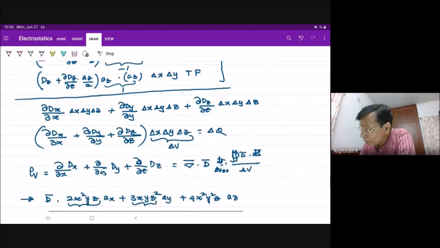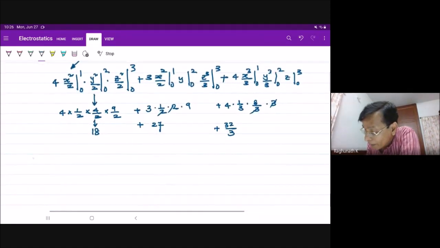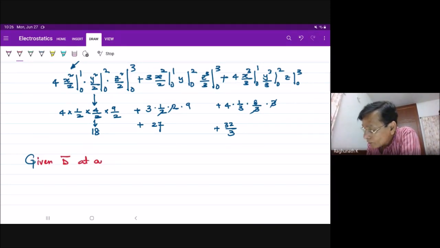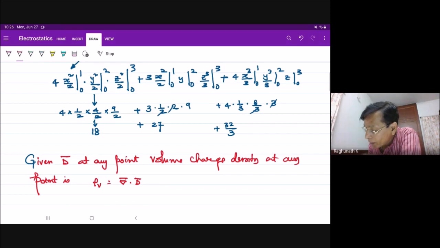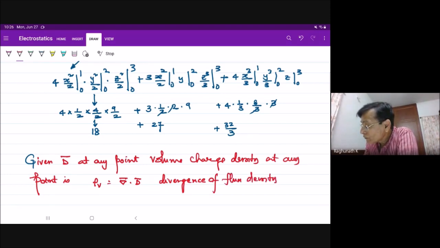Rho v is equal to, we proved today, given D bar at any point, the volume charge density at any point is rho v equal to del bar dot D bar, the divergence of the flux density. Check it once.